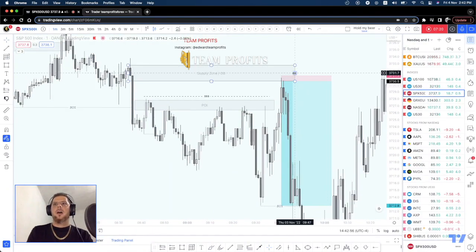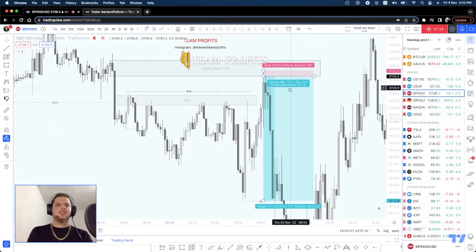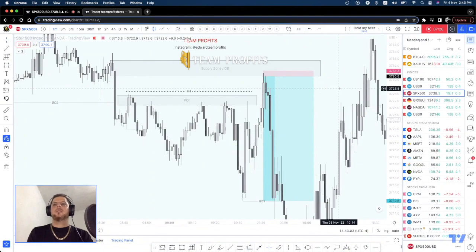So this right here would have been a really, really nice setup. Okay, so I hope you guys understand now what a supply zone or order block and a POI or point of interest zone is. Okay, they can still react.